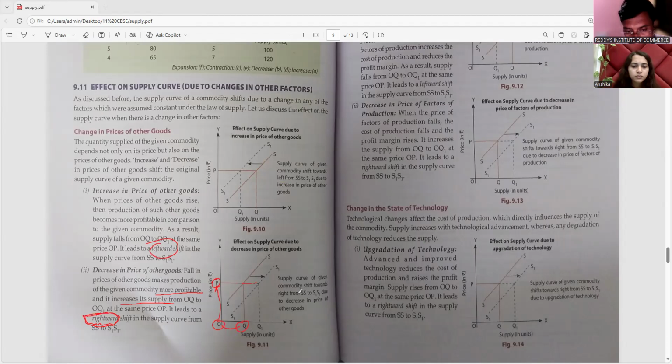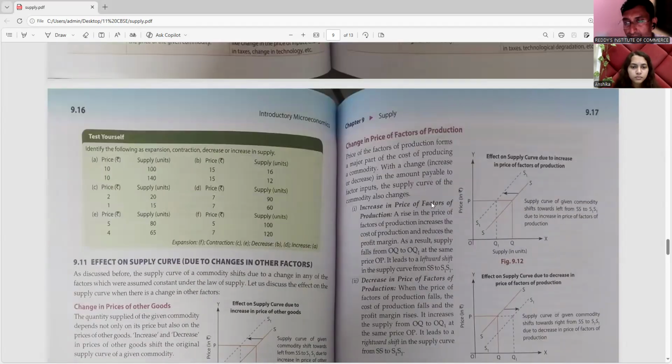The supply of the given commodity shifts towards the right from SS to SS1 due to a decrease in the price of other goods. Due to changes in other goods, supply was increased. So which side does it move to? Rightward side.